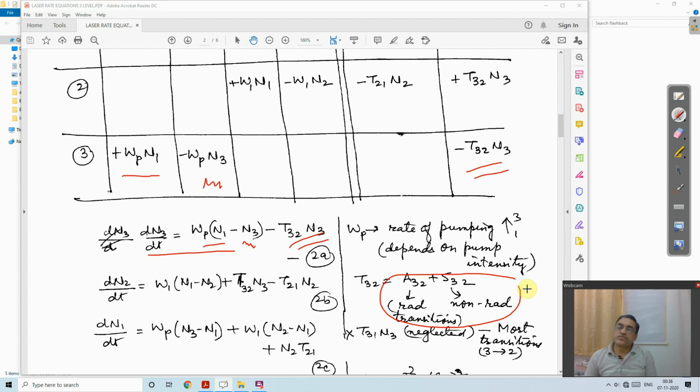So if we select the active material in such a way that this is negligible, then the output efficiency will be more. So approximately I can say T is nearly equal to A, that means radiative transition in most of the lasers.